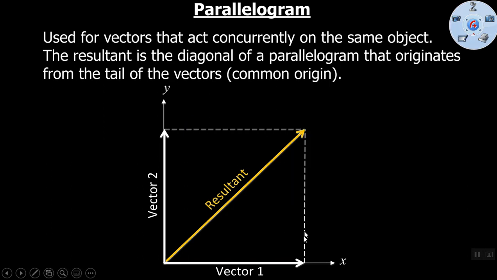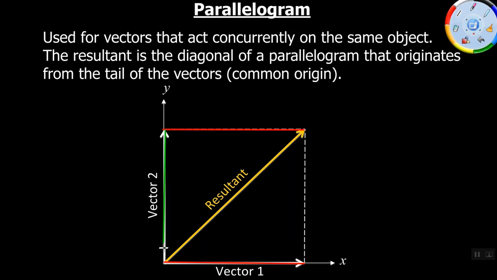We make a parallelogram. We take the same horizontal distance that we had here and measure it from the tip of the second vector, and we take the same vertical distance that we had here and measure it above where that one ends, and that will form a parallelogram.